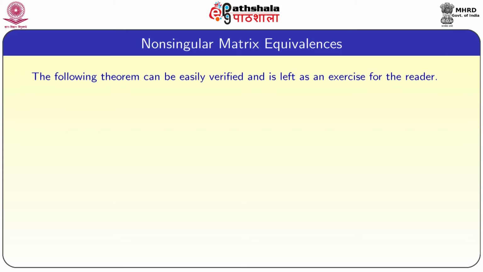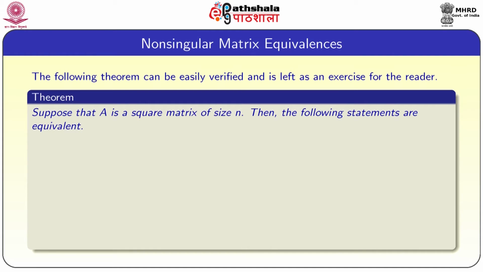Now, we are going to deal with what happens to the non-singular matrices. The following theorem can easily be verified, and it is left as an exercise to the reader. Suppose A is a square matrix of order n, then the following statements are equivalent. A is non-singular, that is the determinant of A is not equal to 0.